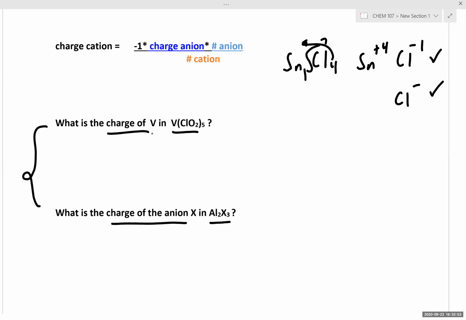And the charge should indicate whether it's a cation or anion, and you should indicate the magnitude of the charge, whether it's +1, +2, +3, etc. Remember, most metals have a positive charge, while most nonmetals have a negative charge.